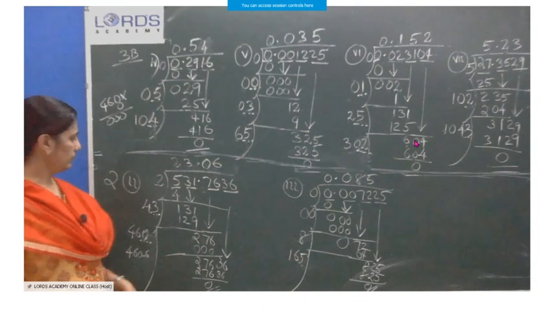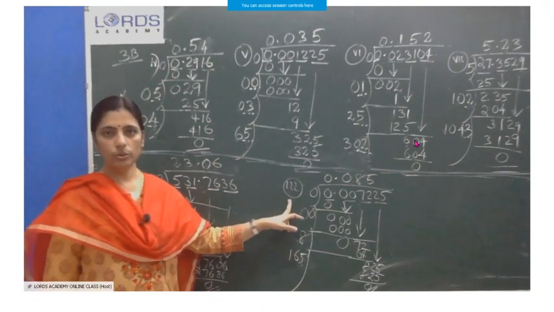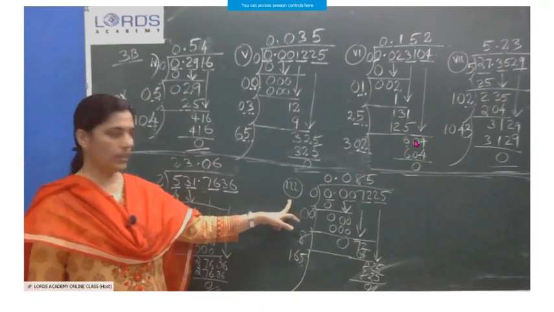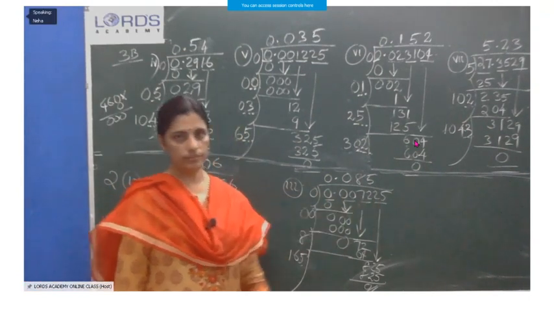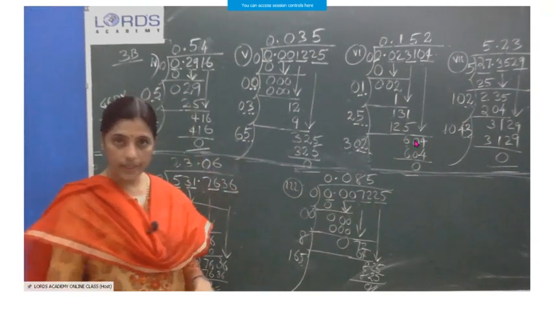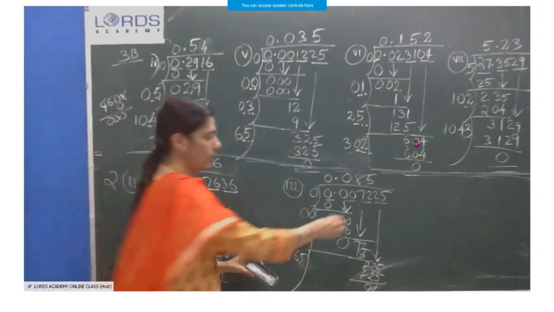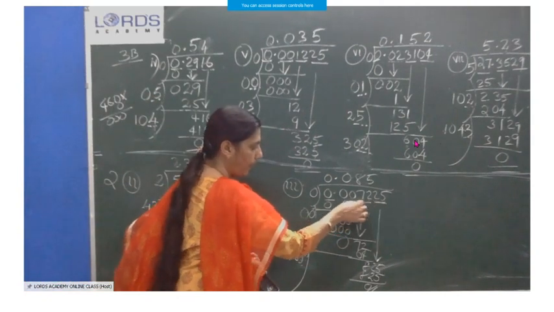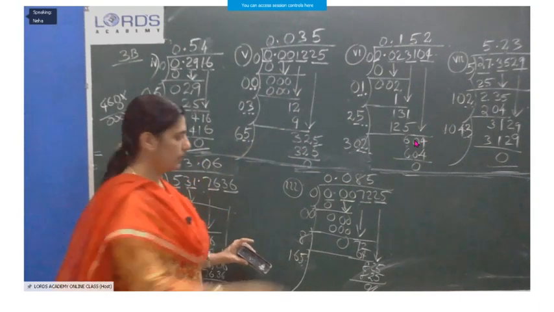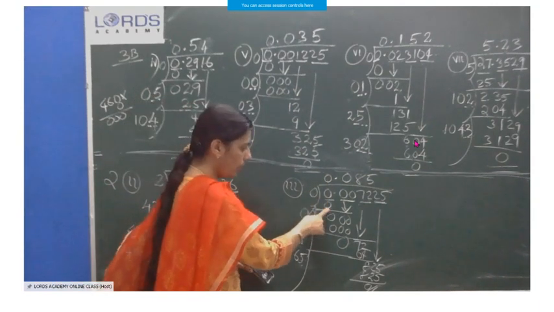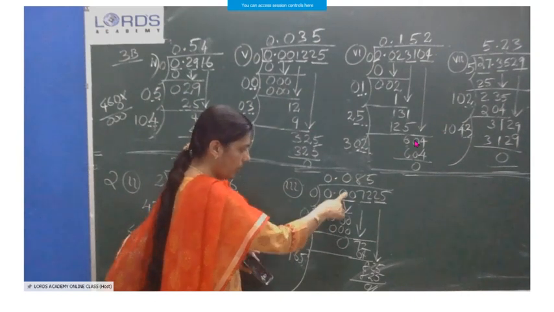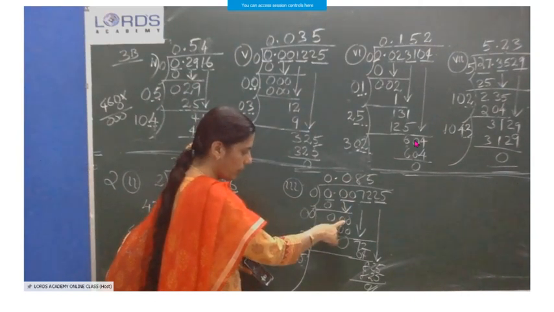Then question number 2, third subdivision, 0.007225. First I did the last question, all of you listen here. First I did the grouping. Yes. 0 alone. 0 into 0, 0. Subtraction also 0. I brought down this paired 0.